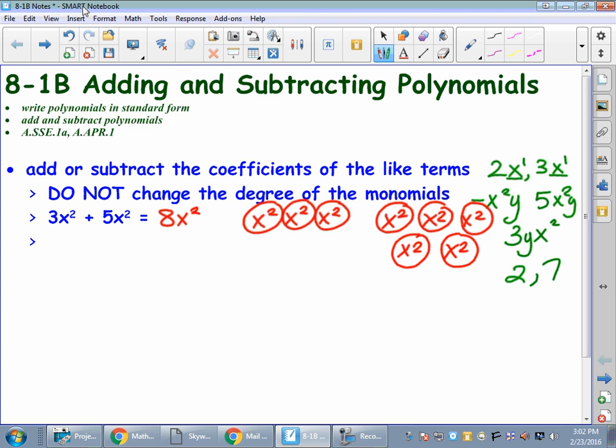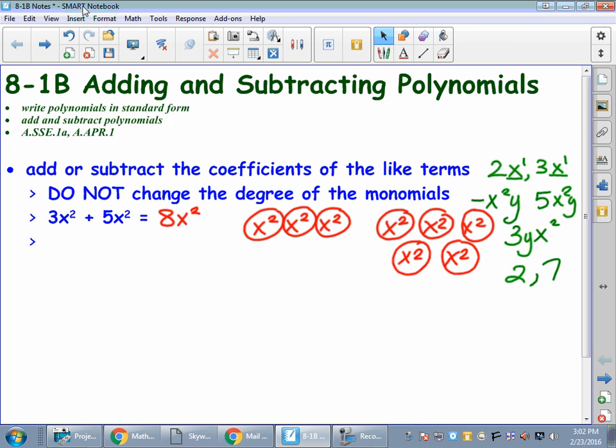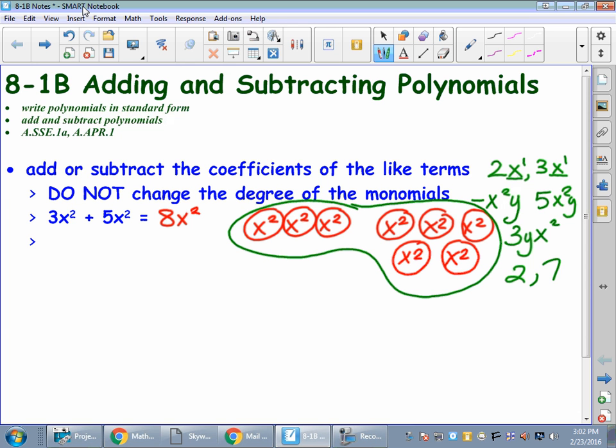If I were to push all 3 of these x squareds over with these 5 x squareds, I have a total of 8 x squareds. Okay? And just as well, if I have 3 of something and then I take away 5 of them, I am left with negative 2 x squareds.